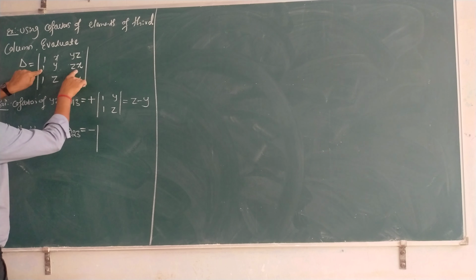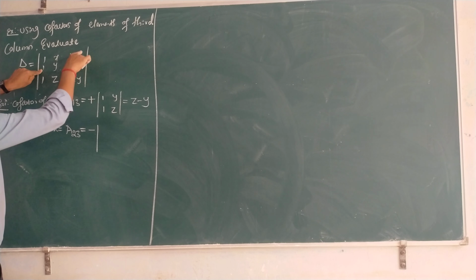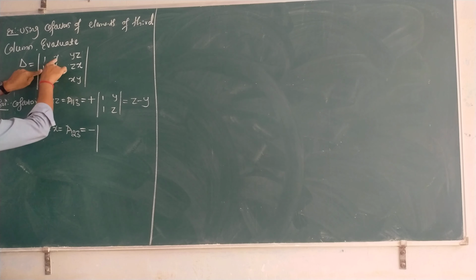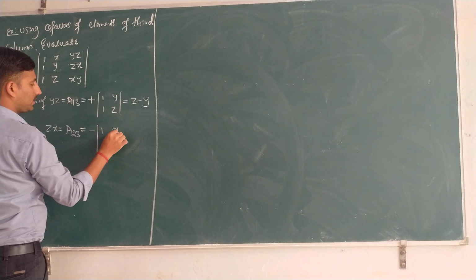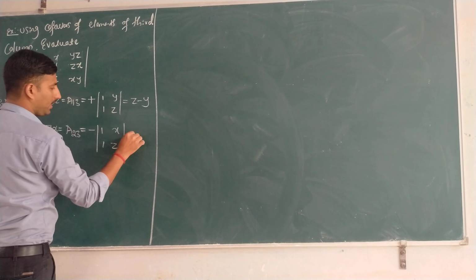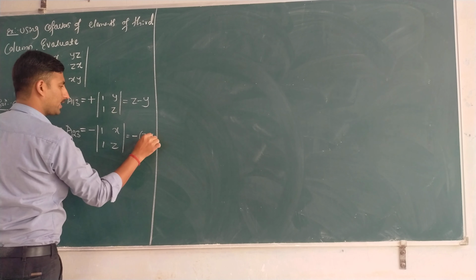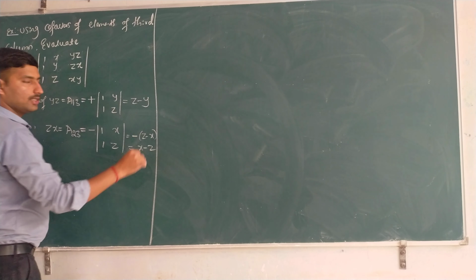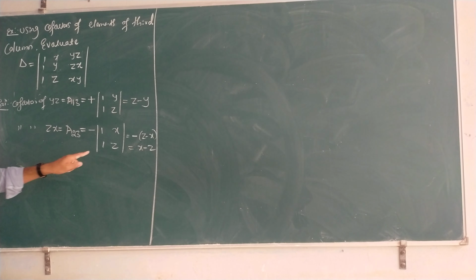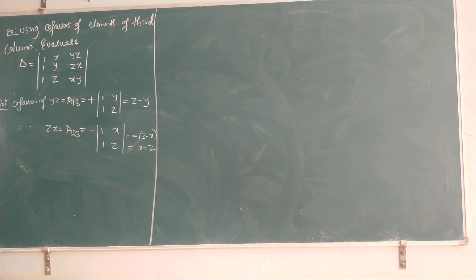Okay, correct. This row zx, this row and this column. What are the elements? 1x, 1z, which is nothing but minus z minus x, which is the same as x minus z. Minus z, minus or minus is plus x.